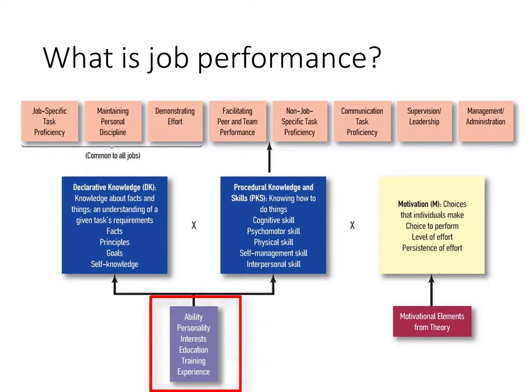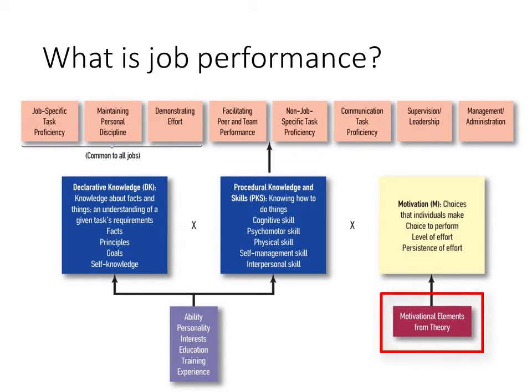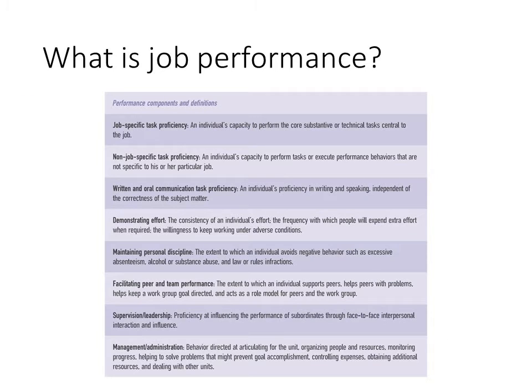Our abilities, our personality, our education helps us develop the knowledge that we need, and we can use different strategies to enhance our own motivation. Here is a table from the textbook that defines each of the 8 different types of performance.